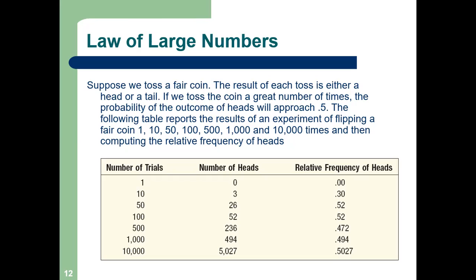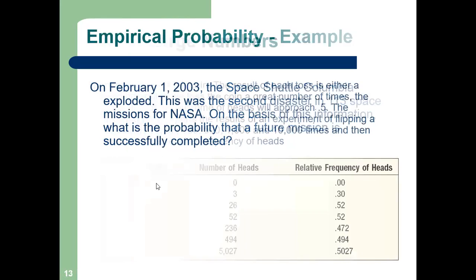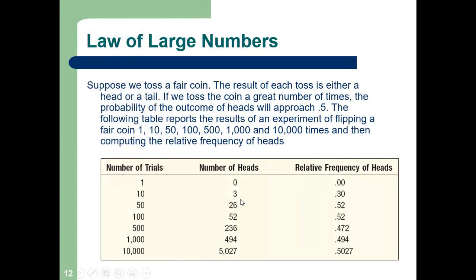And if we increase our number of trials from 10 to 50, you can see number of heads increases to 26. So when we were having only one trial, we observed that head faced up only one time. When we tossed the coin 10 times, we got number of heads three times.